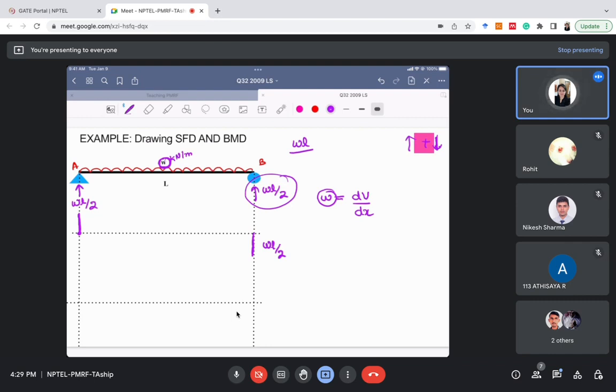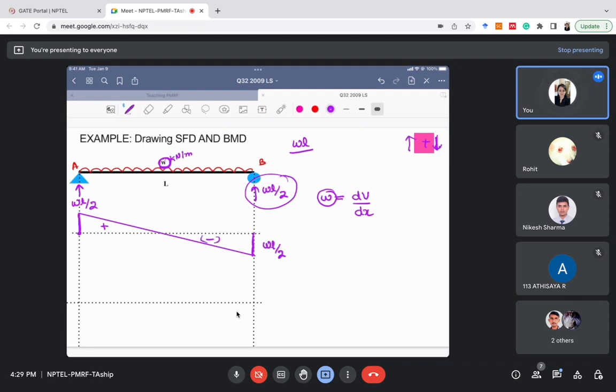So the slope of the shear force diagram will be negative and constant. What is the shape of negative and constant? Negative and constant is like this. So we will join it with this line. Sorry, it is not very straight. Yes, so this will be the shear force diagram for this. This part will be positive and this part will be negative.